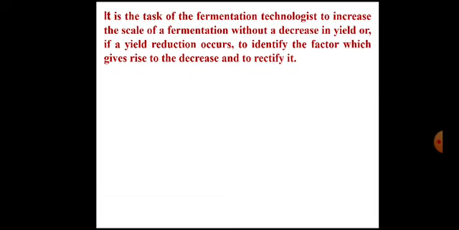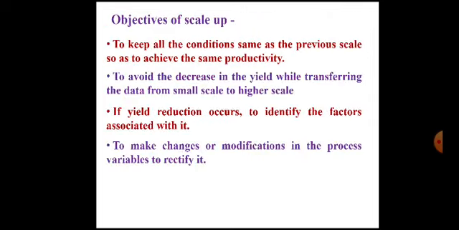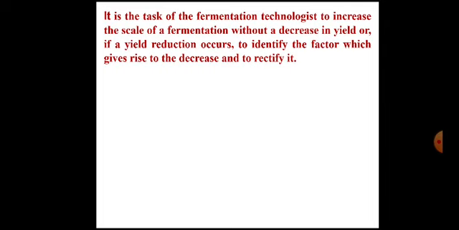So it is a task of the fermentation technologist to increase the scale of fermentation without a decrease in yield, or if the yield reduction occurs, to identify the factor which gives rise to the decrease and to rectify it. So what are the objectives which have been listed here? Four objectives, and this is a single statement of objective.